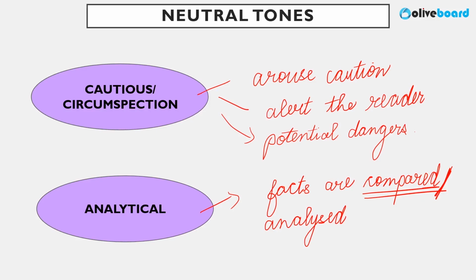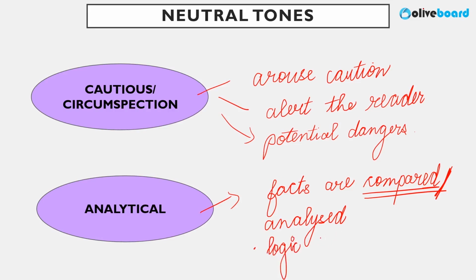Facts are totally compared. They are analyzed. Okay. So there are whole statistics involved in this. So that is analytical tone. Okay, I hope you will not get confused with factual. Factual is just mentioning the facts. Here there's a lot of logical reasoning. Okay, so scientific, investigation, logical reasoning. So this is more on logic. This is more scientific. Okay, more accurate.